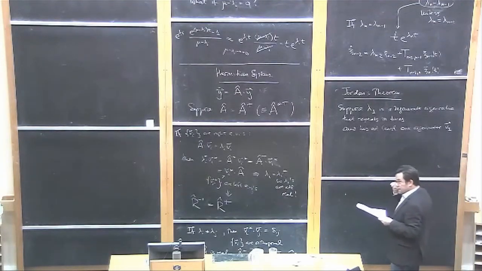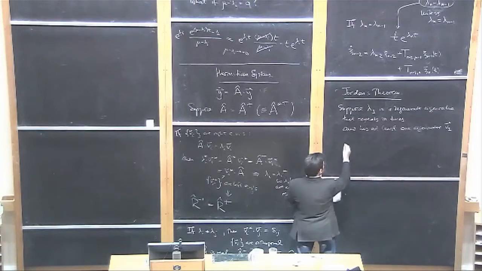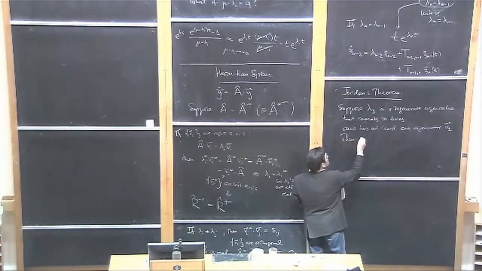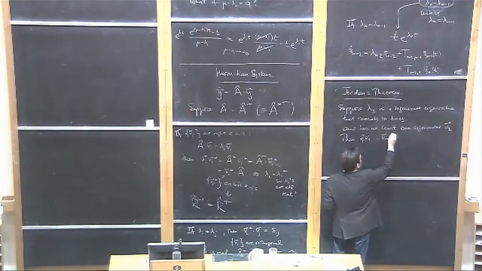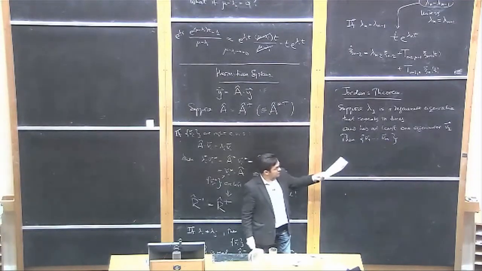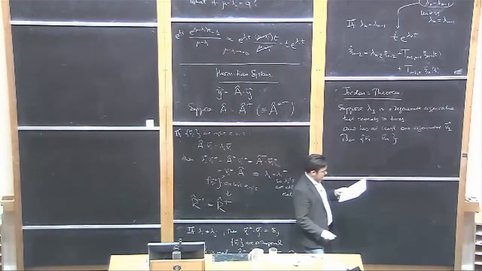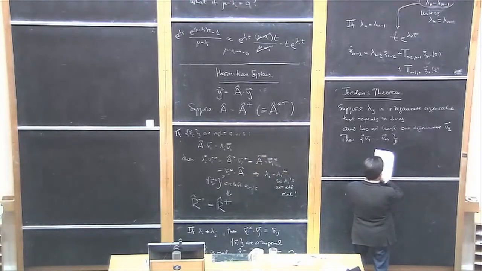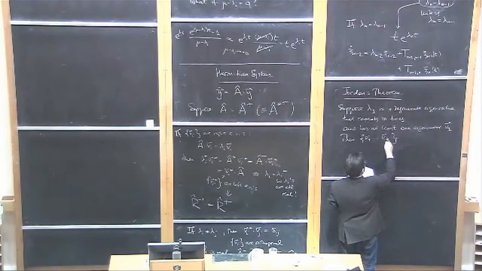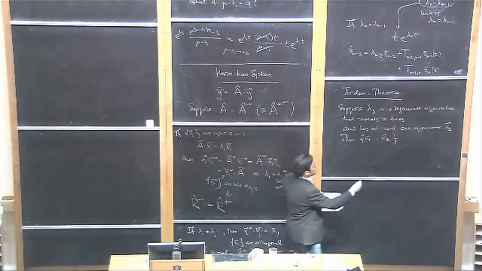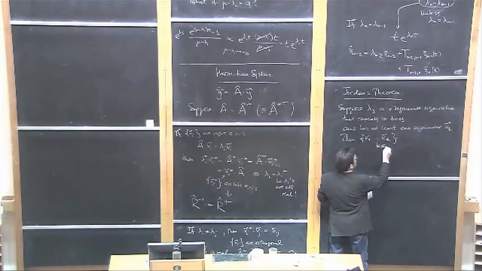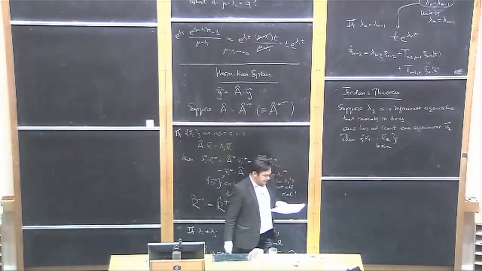Then let me define the following set of vectors, a set of vectors, the first of which is that eigenvector. Actually, not m of them, k of them. Let me make it different from that, where k is less than or equal to m.